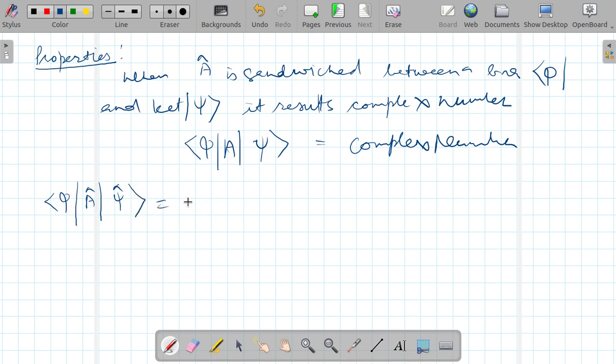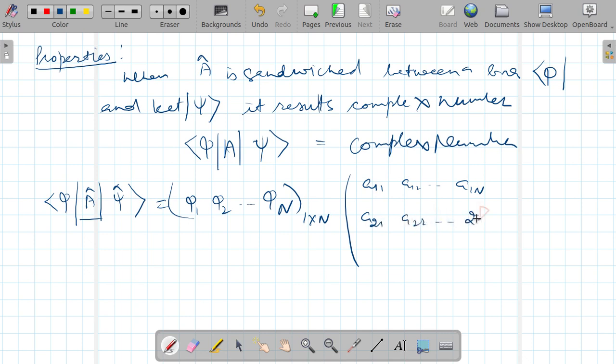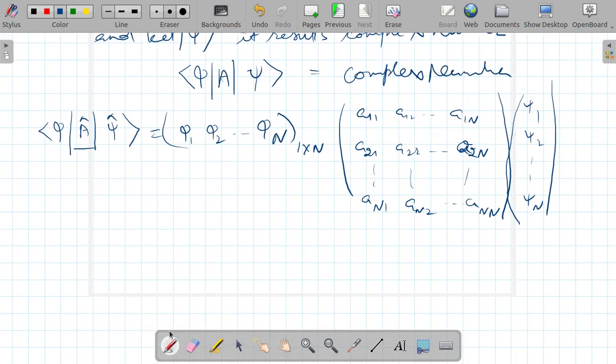This phi is basically a row matrix of order 1 by n, and the operator is a square matrix of n by n, and psi is n by 1.